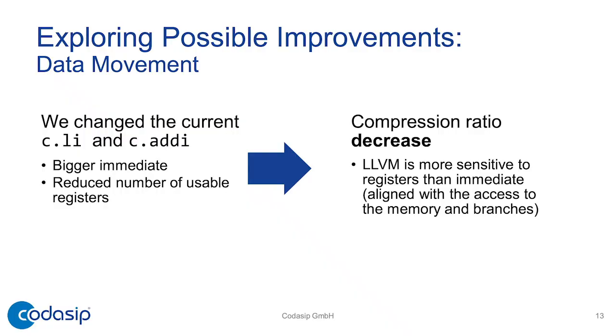Now, a really interesting thing is that we tried to increase the immediate in the CLI and the CADDI. But we found out that in the case of LLVM, it didn't end well because the compression ratio decreased. The reason for that is that LLVM particularly is more sensitive to registers than immediates.